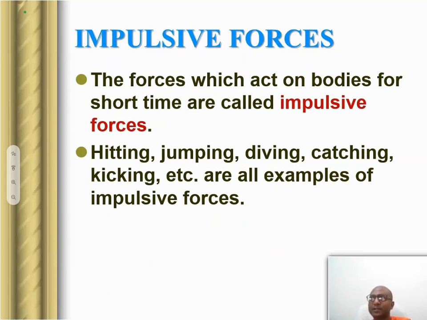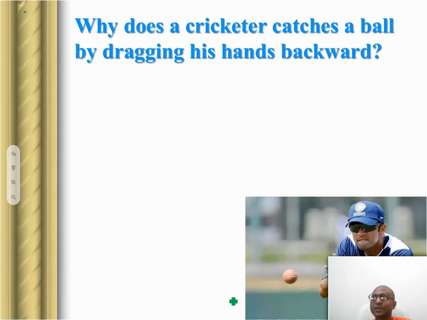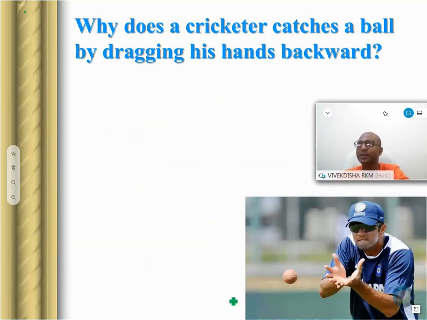Then what are the advantages or disadvantages? We would just go with some examples and questions to understand that. Now the question is this: why does a cricketer catch a ball by dragging his hands backward?